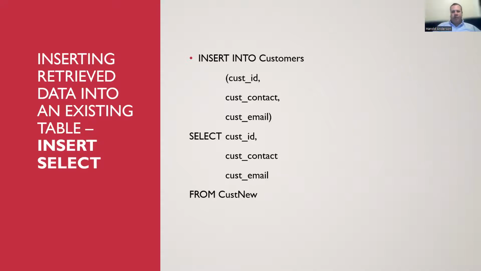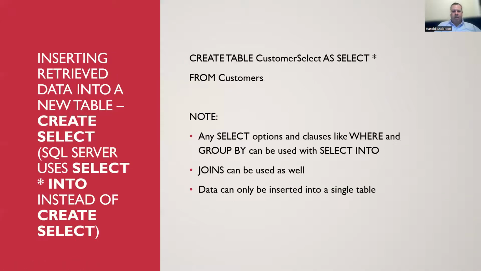So here's how it should look: insert into, the table name, the column names, and then the query, select whatever you want to select in your query and put into the table, and then from is the existing table that you're adding to. And then here is the last example with inserting data.